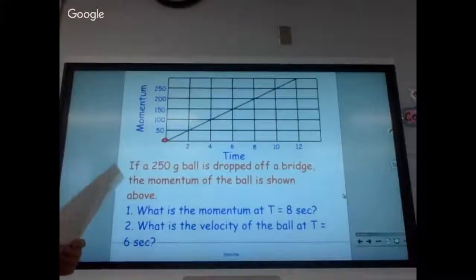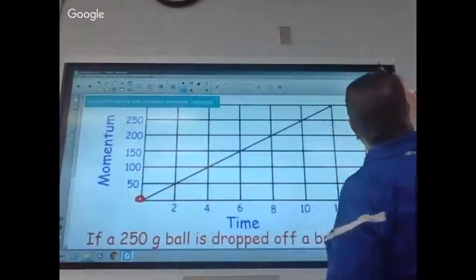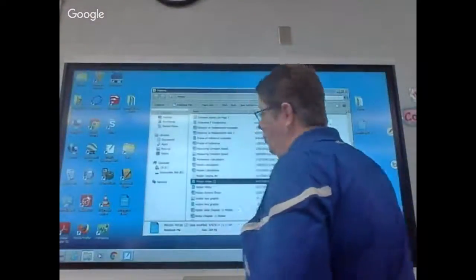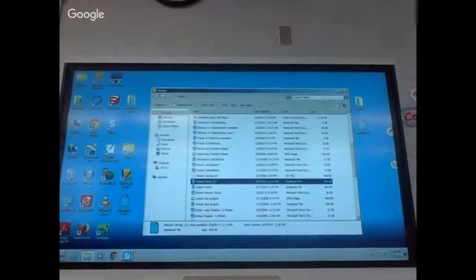Is that the same graph? Looks a little odd to me. I think I made something up here because that does not look like what I have on this paper. I made that up. Scratch that. Let me take this down and pull up the real graph. I was going to say, no, those numbers match what's on this paper.